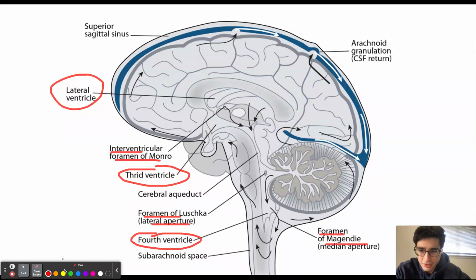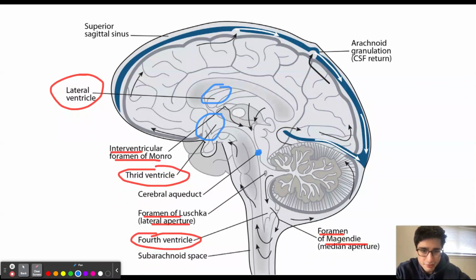Okay, so this patient has an obstruction that is going to cause the enlargement of the third ventricle over here and the lateral ventricle. So, where would the obstruction be? Well, the obstruction is most likely going to be at the cerebral aqueduct, right?